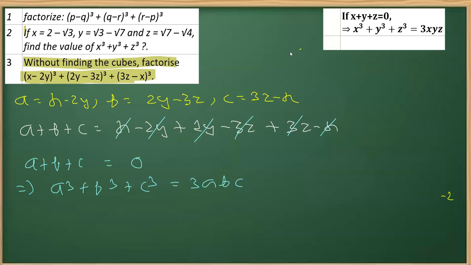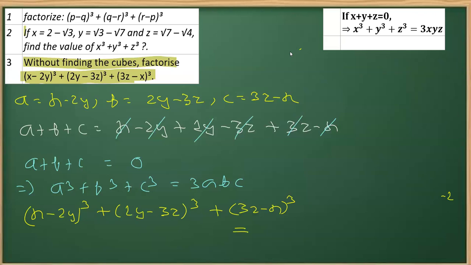Now we can start replacing a with its value, that is x minus 2y, b with its value, that is 2y minus 3z, and yes, we have to get the cube, right? So I forgot to place the cube here: plus b as 2y minus 3z cubed, and c cubed can be written as 3z minus x whole cube.